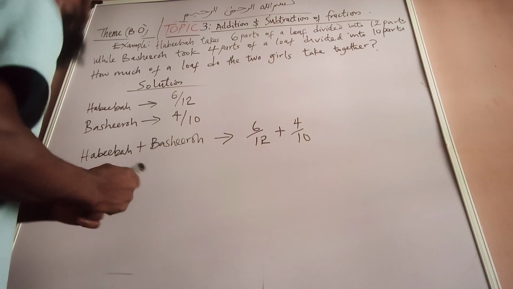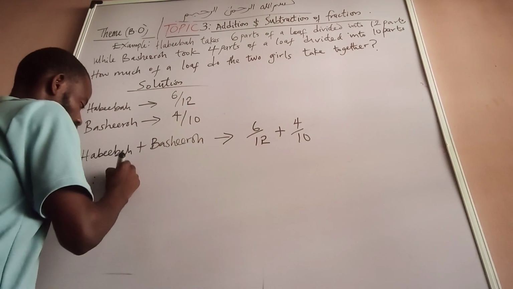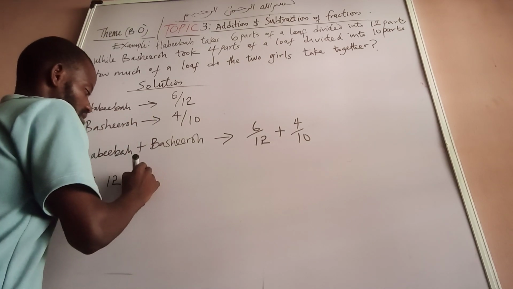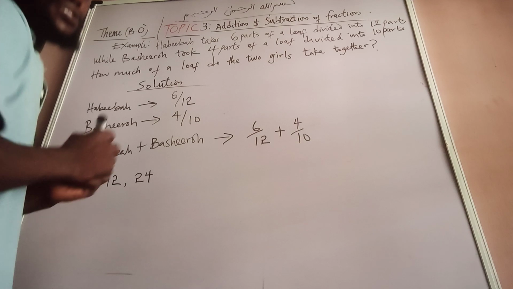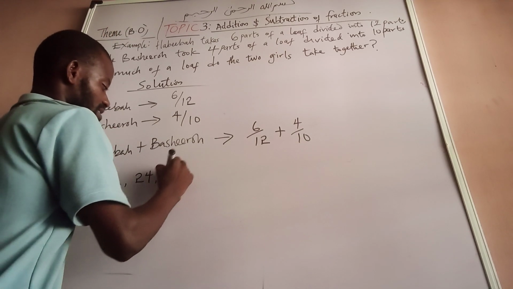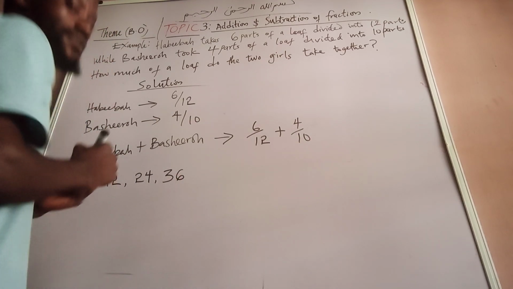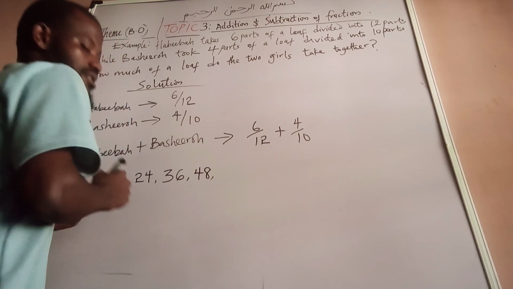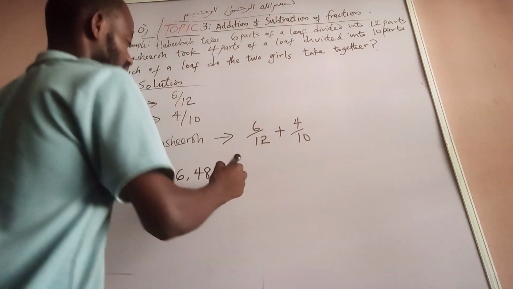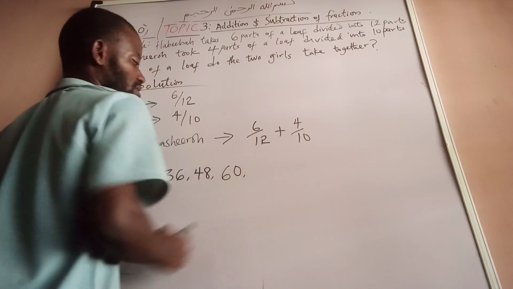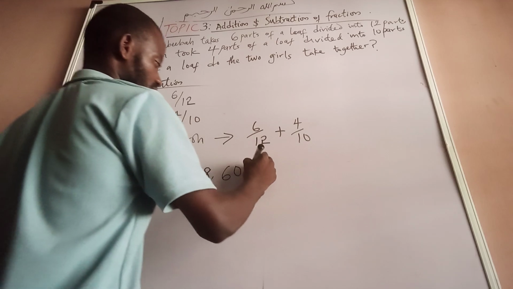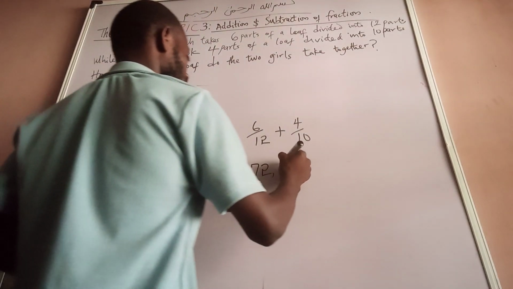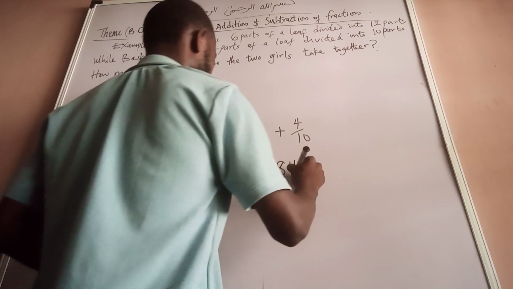The multiples of 12 start from 12 times 1, 12. 12 times 2, 24. 12 times 3, 36. 12 times 4, 48. 12 times 5, 60. 12 times 6, 72. 12 times 7, 84.